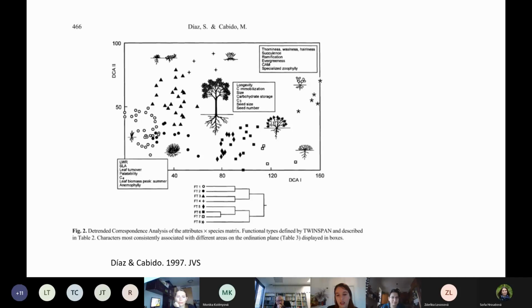And this is not new in functional ecology. Actually, since the beginning, I would say people would do an ordination, but instead of using the axis for the analysis, they would rather separate them in functional groups and use the functional groups instead.